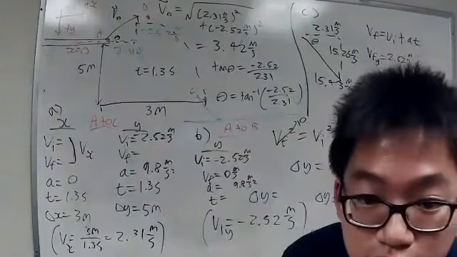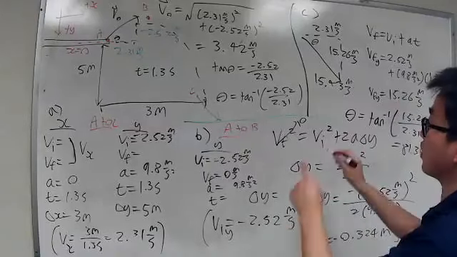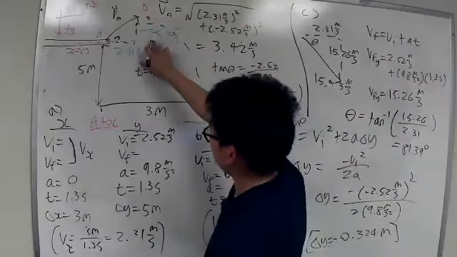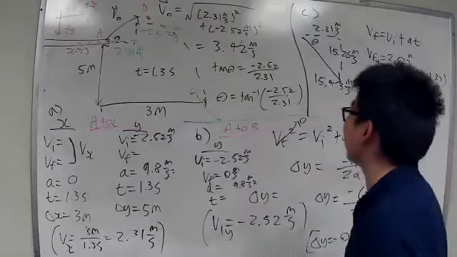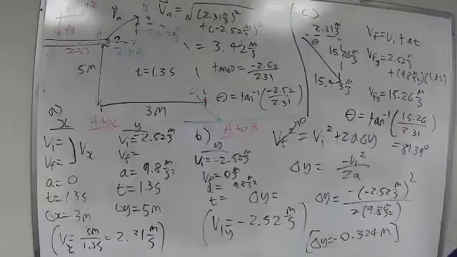And someone asks, shouldn't Vi be negative 2.52? Up here, should Vi, yeah, that's negative. Yes, for C, oof, what is it? I'm so messy with this.